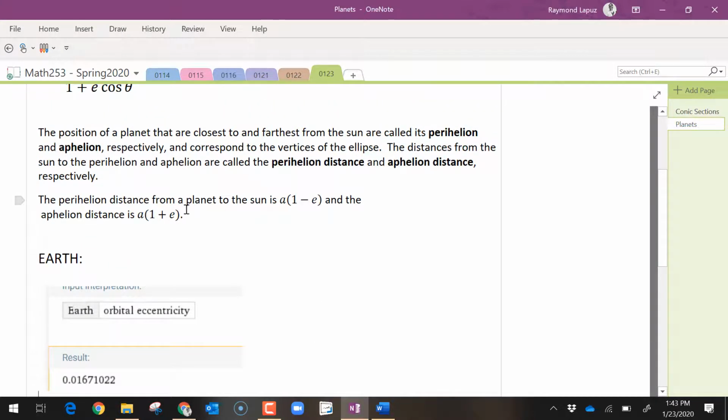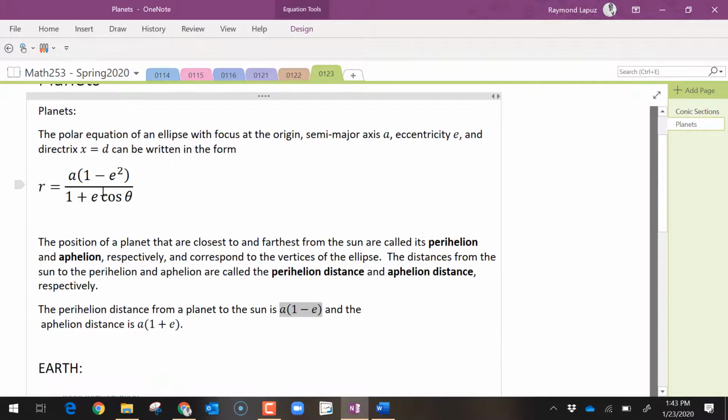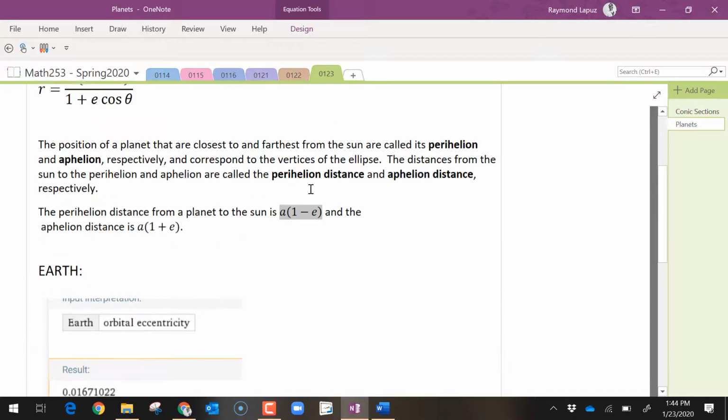Well, it turns out that you don't want to use A, you want to use A times 1 minus E as the whole thing. And this is 1 minus E squared, so do some math there to figure out how to relate those things. Something about factoring a difference of perfect squares.